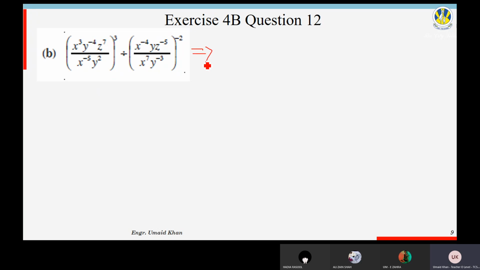So what will be the first step? Can anyone tell me from Hadia and Umezara? What will be the first step? We will multiply the 3 with the inner values.